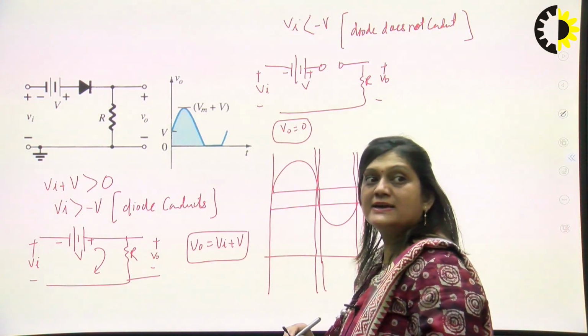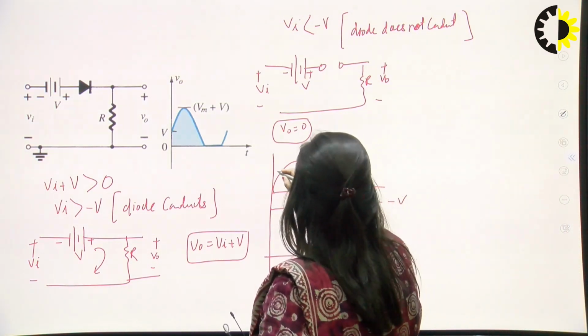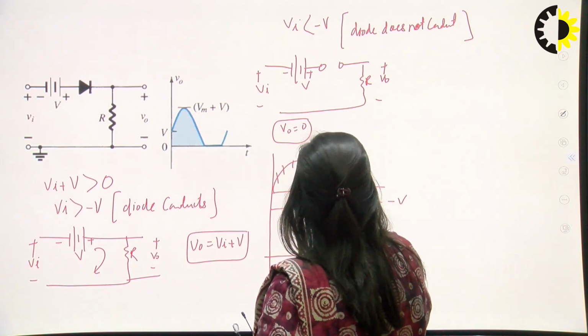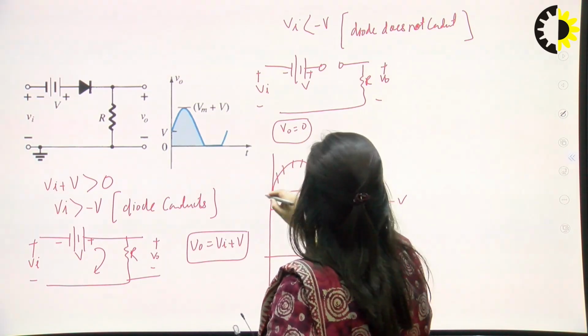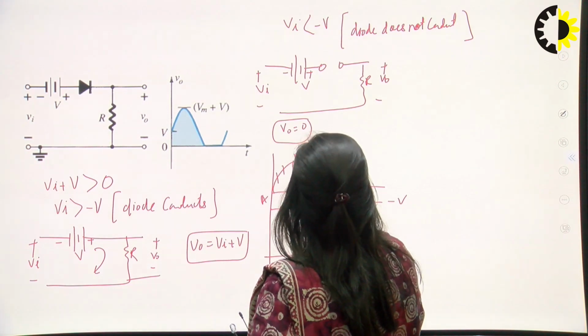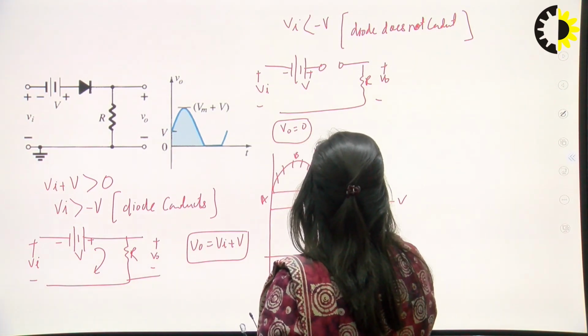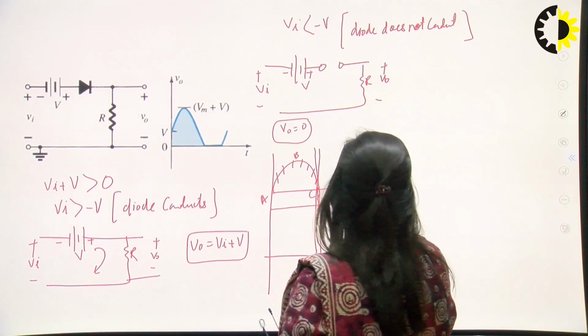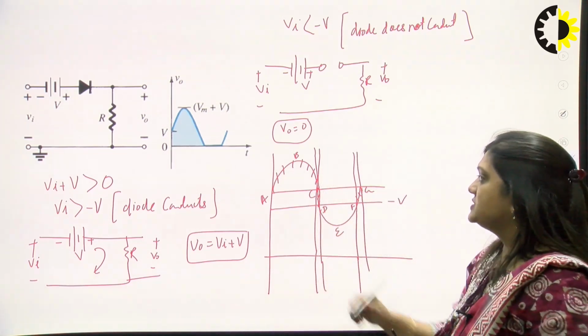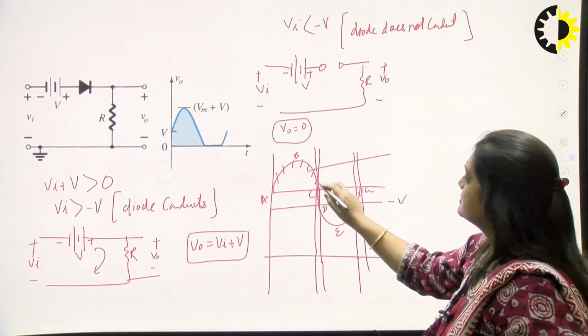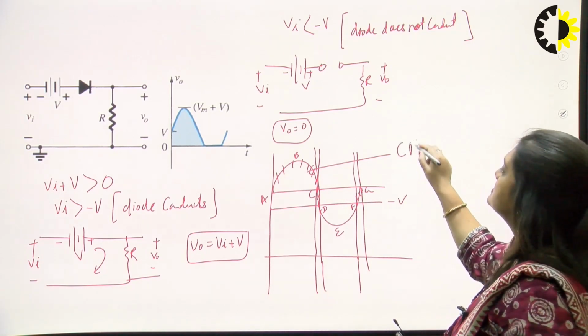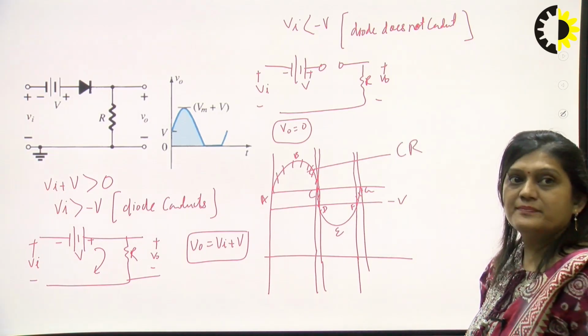So for Vi greater than minus V, this part will be the conducting region. This is A, B, C, D, E, F, G. So this shaded part is the conducting region.